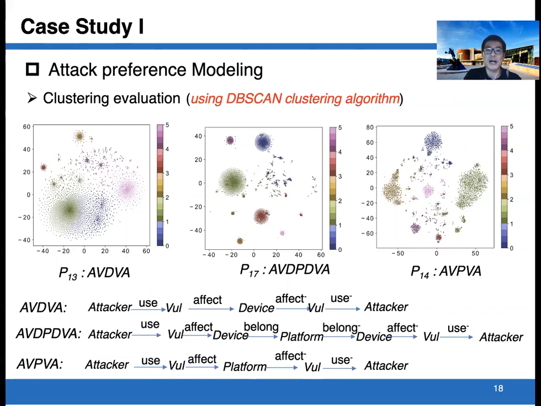We first leverage our proposed threat intelligence computing framework to embed each attack node into a low-dimensional vector space. And then we use the DBSCAN clustering method on the embedding vectors to cluster attackers with the same preference into corresponding groups. These figures show the top 3 clustering results under different metapaths.